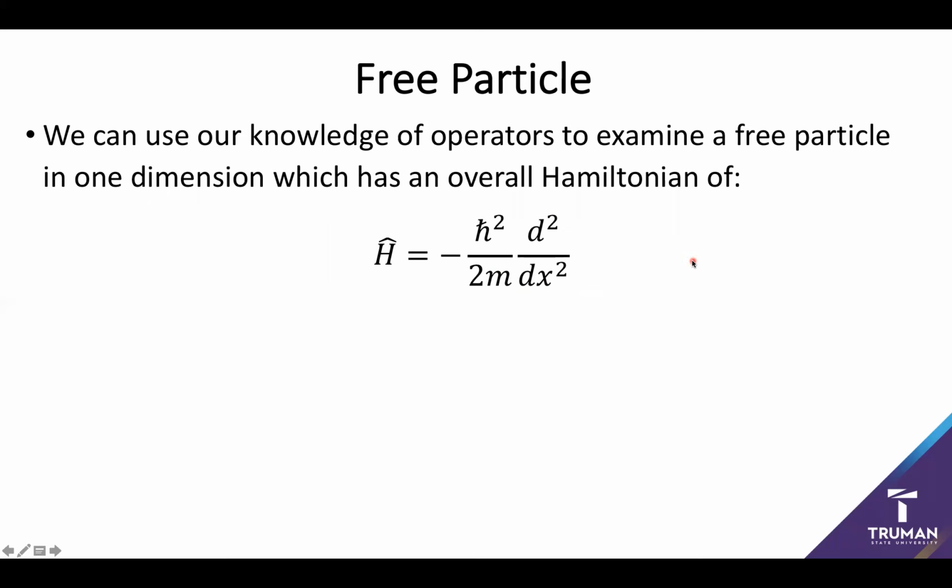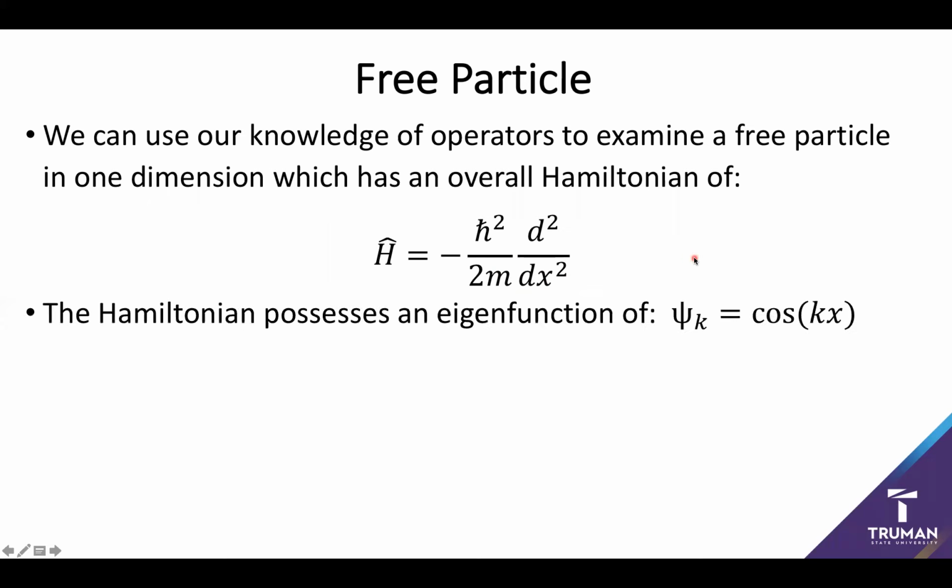We've already demonstrated one potential eigenfunction for this Hamiltonian: cosine kx. It is worth noting that this is an unnormalized wave function, and when dealing with a free particle, pretty much all of our wave functions will be unnormalized. Otherwise, the normalization would be 1 over infinity, because we're spread out over infinity.